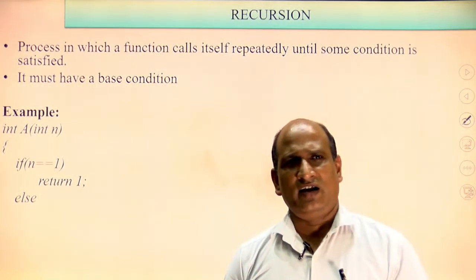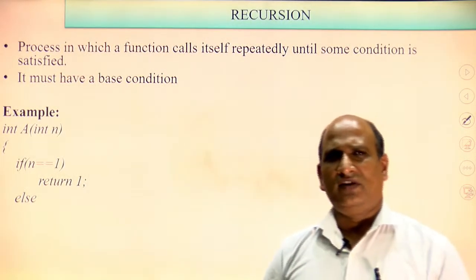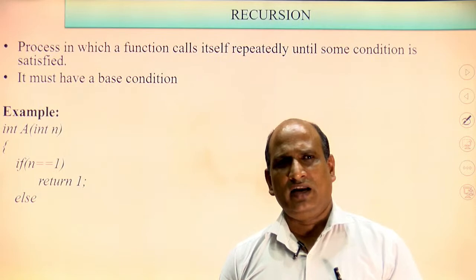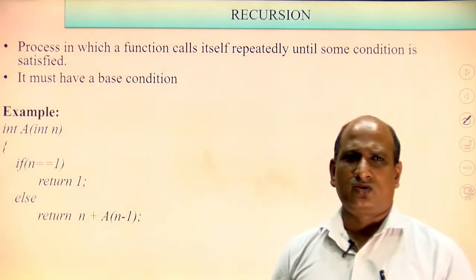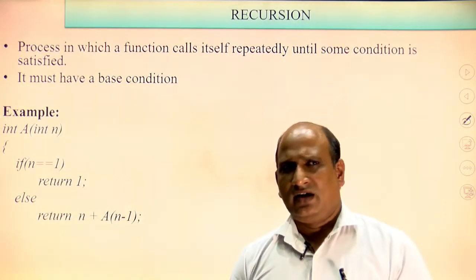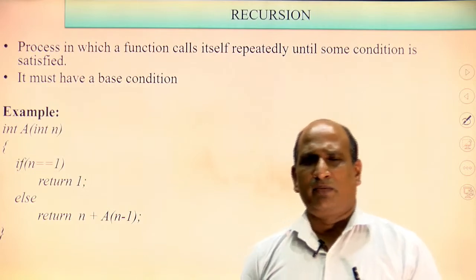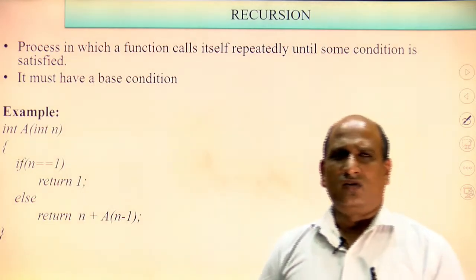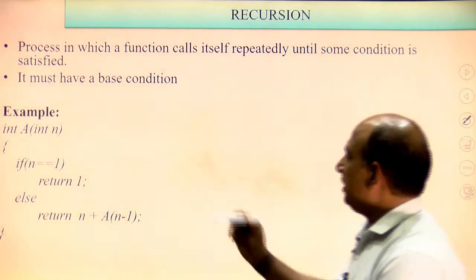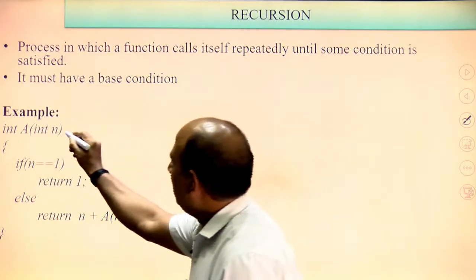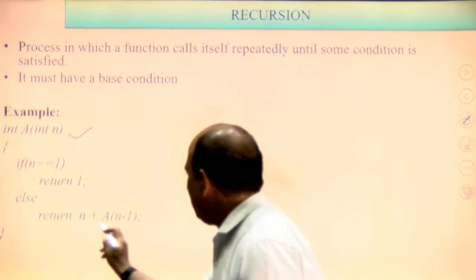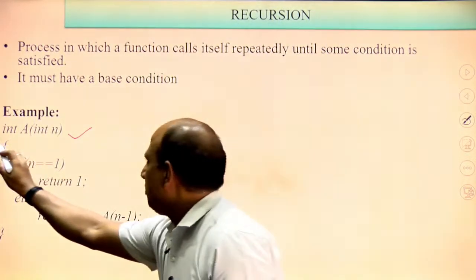We have defined a function a where I have passed a number n, and if n equals 1, it returns 1, else it returns n plus a(n minus 1). You can see that this function a is calling itself within its body.